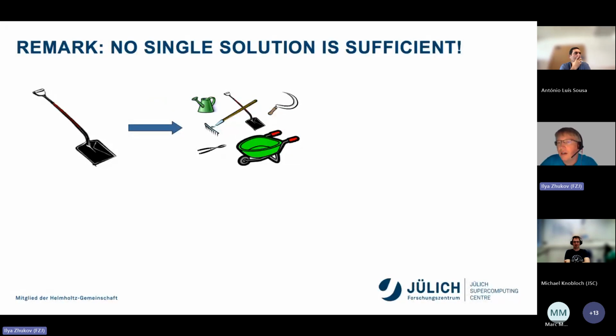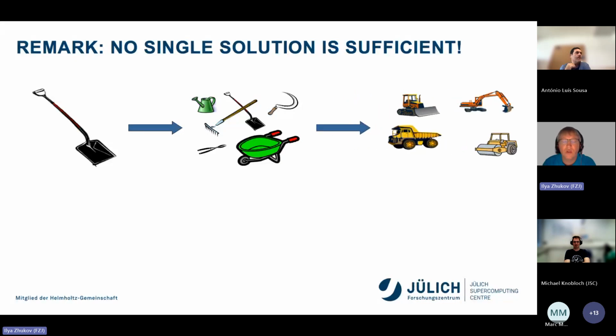And if you would like to build a building, you would need heavy equipment. And for heavy equipment, typically we do not have enough knowledge to use it. We would need some experts to use this.